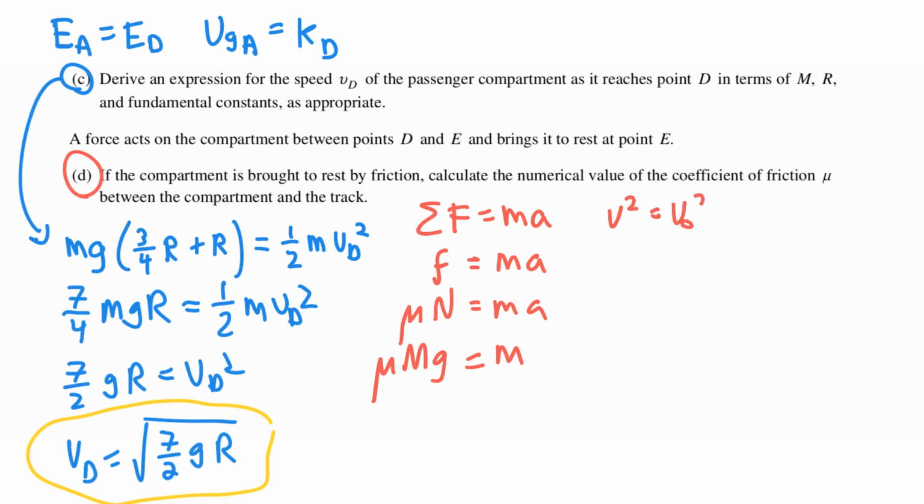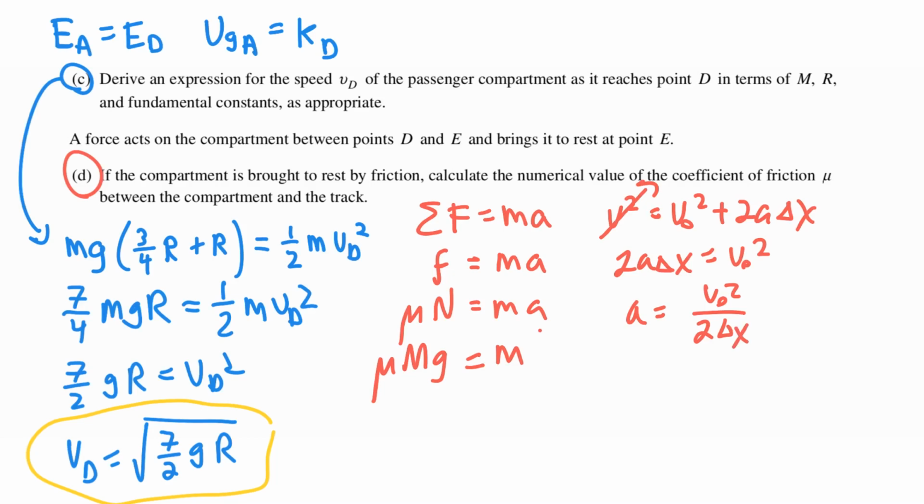V squared equals V naught squared plus 2a delta x. We know that at point E, the compartment will be brought to rest, and so the final velocity will be 0. We know the acceleration will be negative, and so we can say that 2a delta x is equal to v naught squared, or the acceleration is equal to v naught squared divided by 2 times delta x.